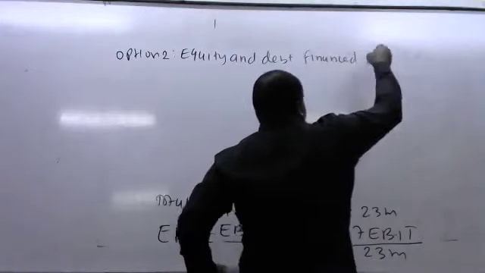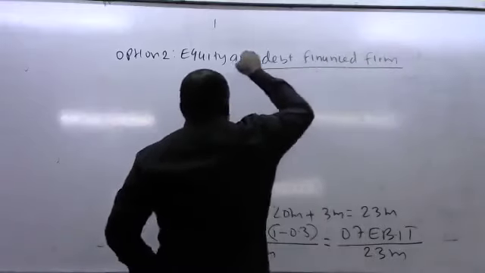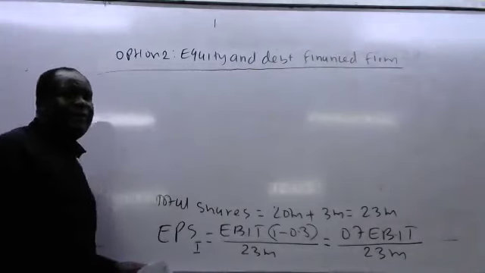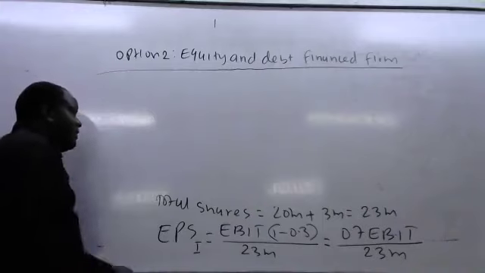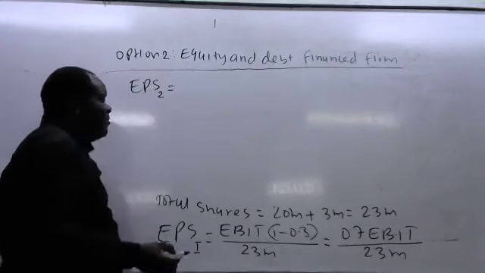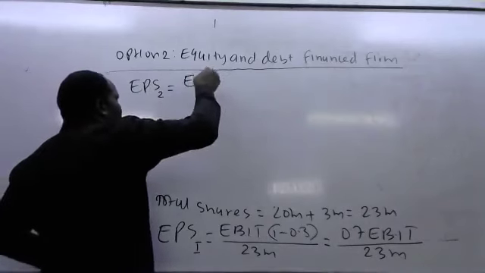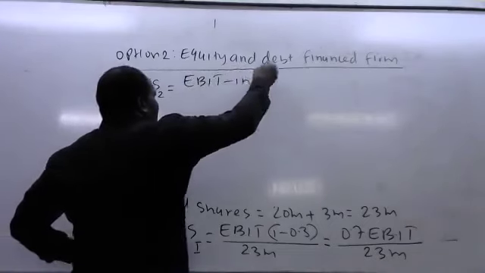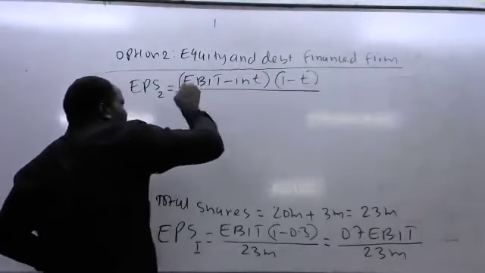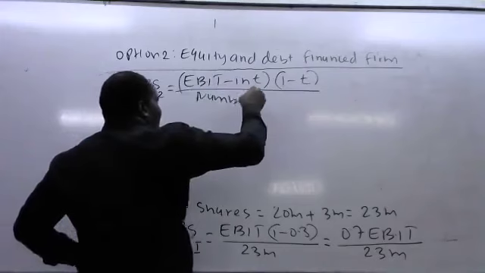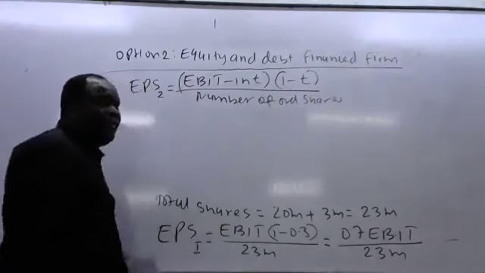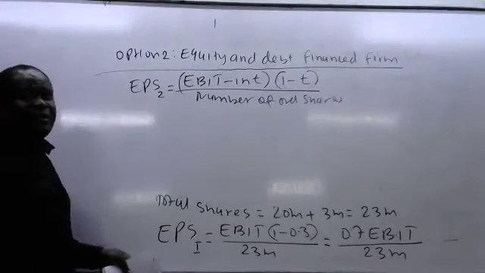When it is equity and debt financed, earnings per share for option 2 will be earnings before interest and tax, less interest, times 1 minus the tax rate, divided by the number of ordinary shares.